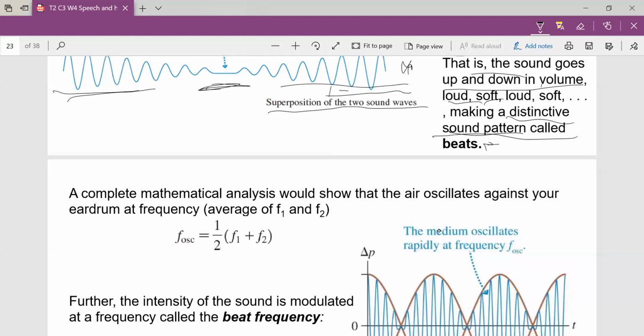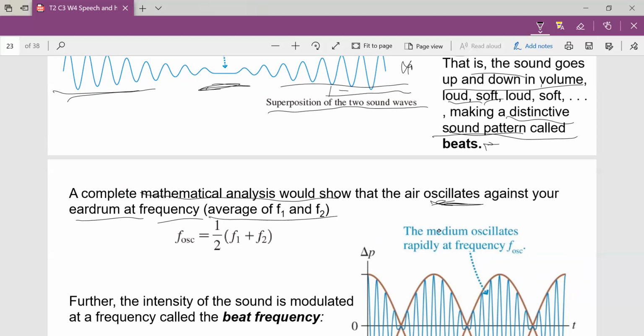The complete mathematical analysis of what actually happened there is that you have the frequencies of these two waves coming to your eardrum. The oscillation of what you hear eventually is actually the average of these two.